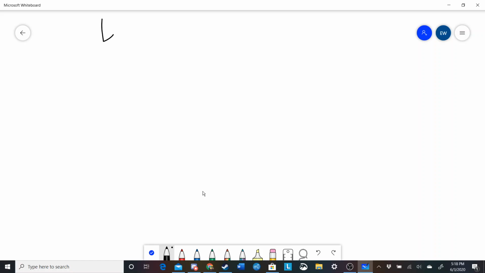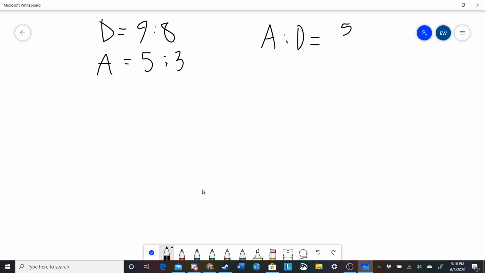We said that D had a ratio of 9 to 8 with C, and that A had a ratio of 5 to 3 with C. So the ratio between A and D would thus be 5/3 times 8 over 9, or in other words, 40 over 27.